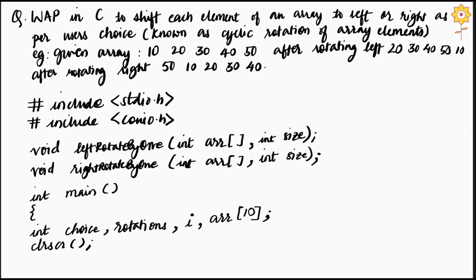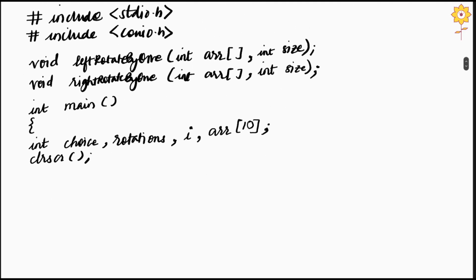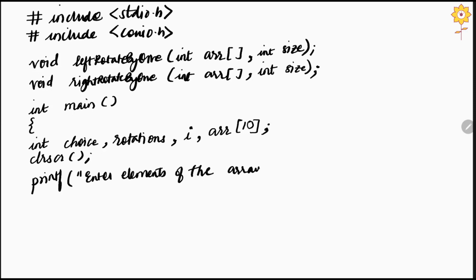After this you will ask the user to enter the elements of the array. How will you do that? You will do that by writing a printf statement. So, we will write printf, and in that you will write "Enter elements of the array".